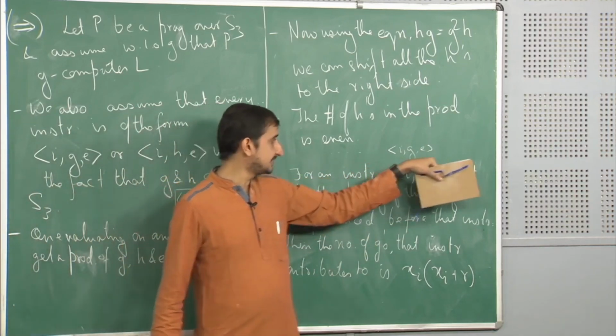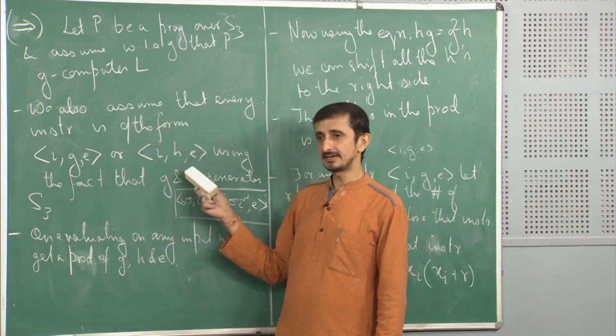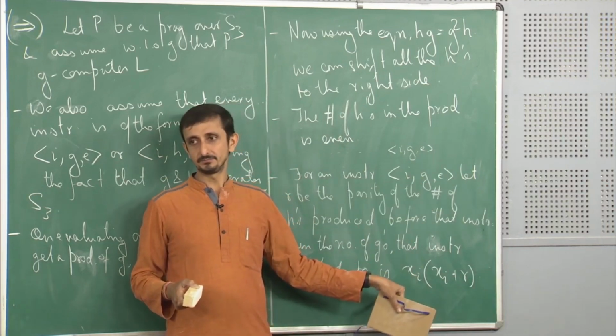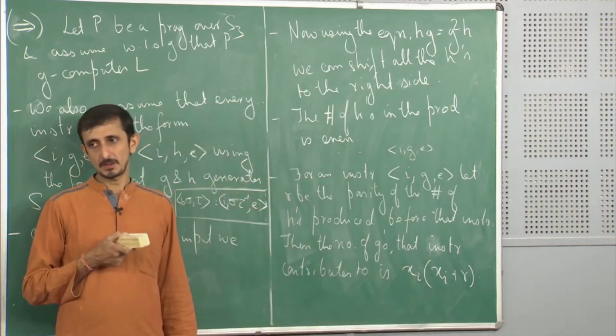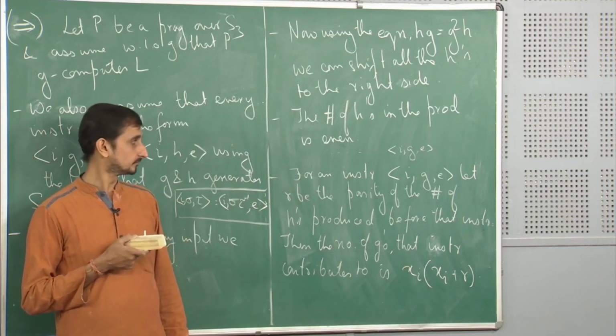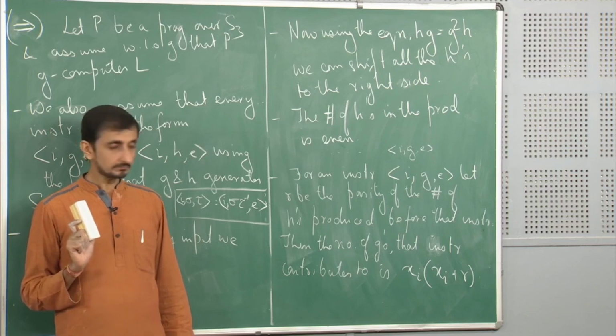So for an instruction, for a G, we can call these G instructions and H instructions. For a G instruction, I am just looking at this. But when we are saying the number of H's, we are shifting to the right side, and this computation we are doing for all the instructions in the program.